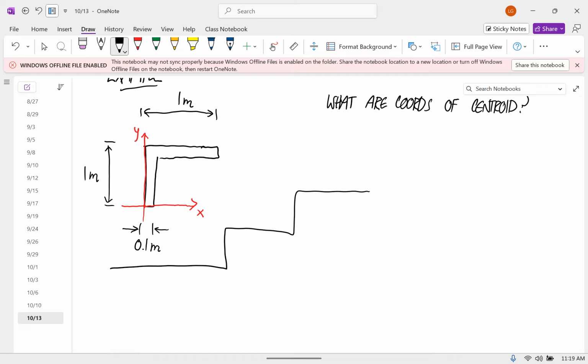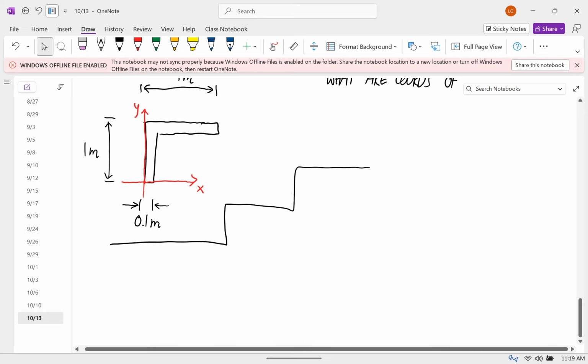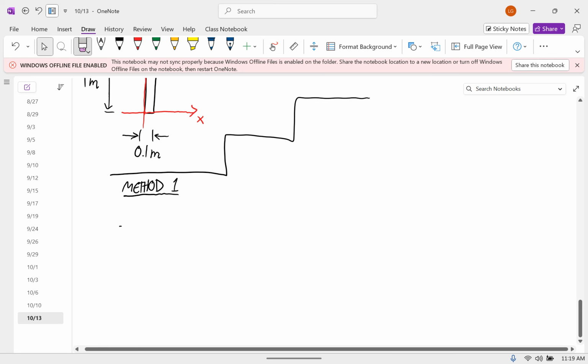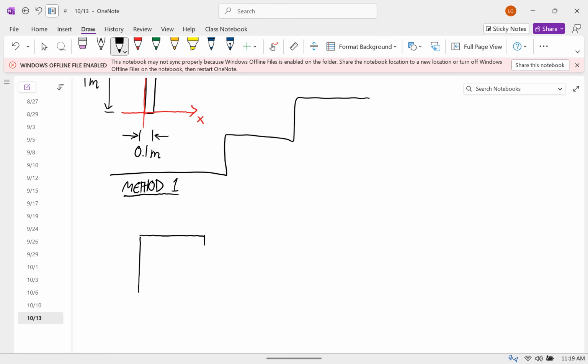And I'm going to do this 2 ways. So the first way is I'm going to break this up into 2 long, slender rectangles. I guess I'll do it like this.